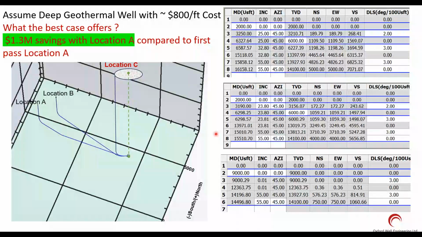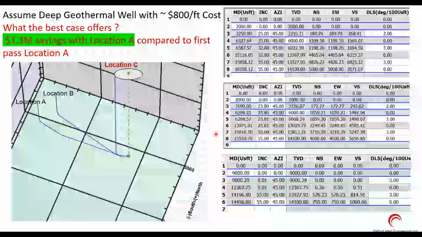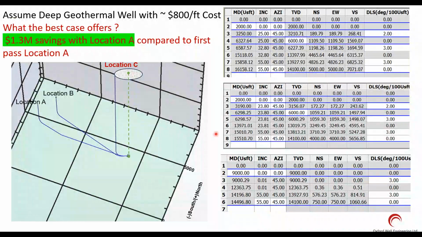Then I asked them, what is the requirement? And they told me, we have other locations available. We can go to any location close to the target, but we must have 55° inclination and 45° azimuth. These two are my hard line that any location should be able to hit.